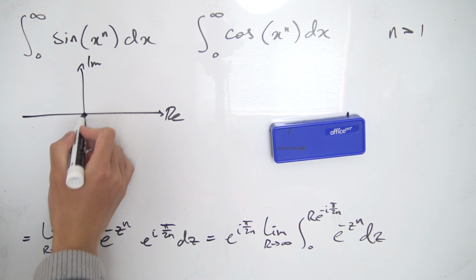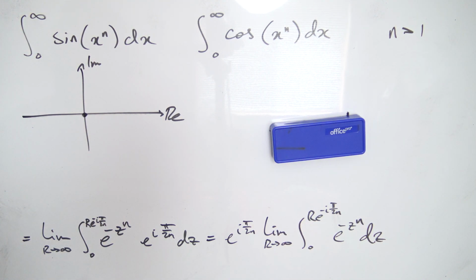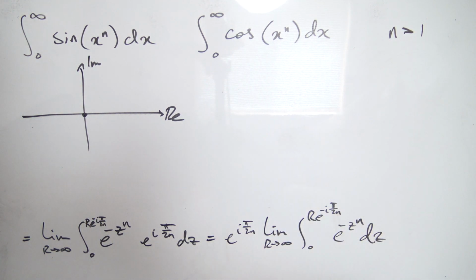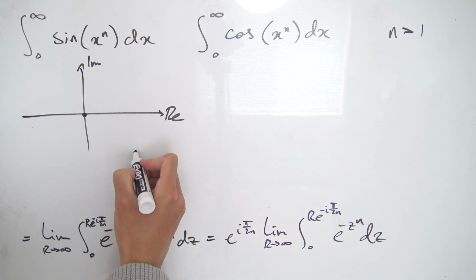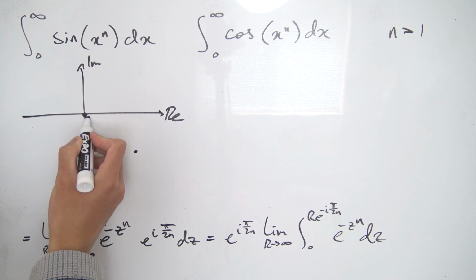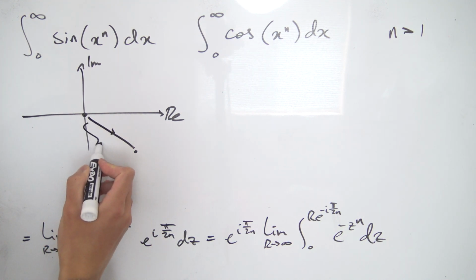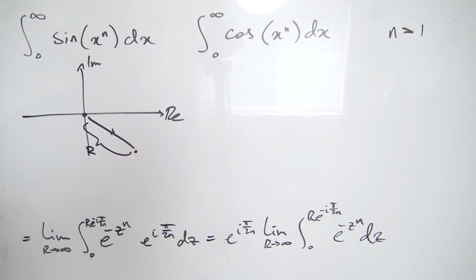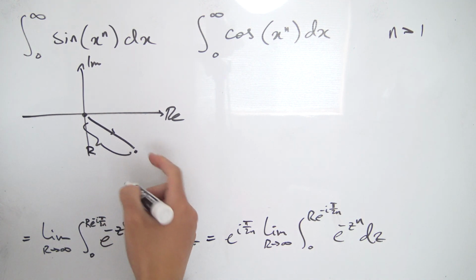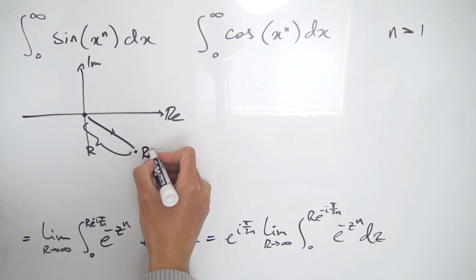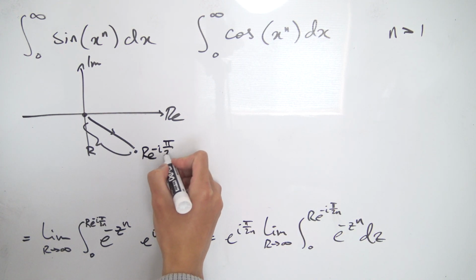Well, we're going from 0, and we're going down. This is e to the minus i pi over 2n, so it's some complex number with a negative argument. So maybe down here somewhere. So this is our path of integration. And of course, this distance right here is r.